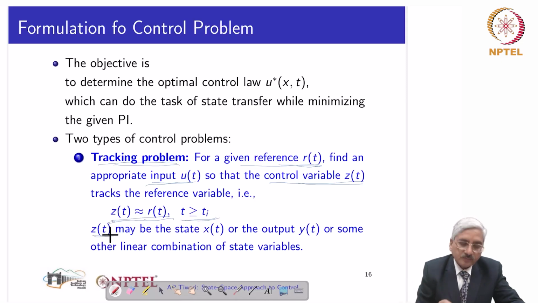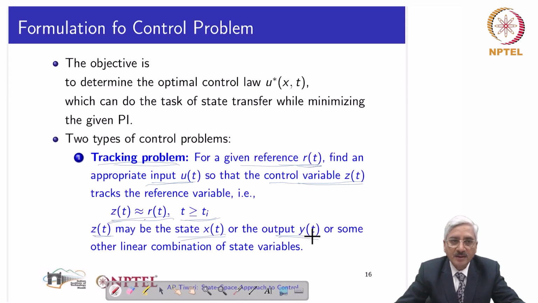This z(t) may be the state itself, then it is the state tracking problem, tracking a reference state. It can be the output, then it is the output tracking problem, or it can be any other linear combination of state variables.